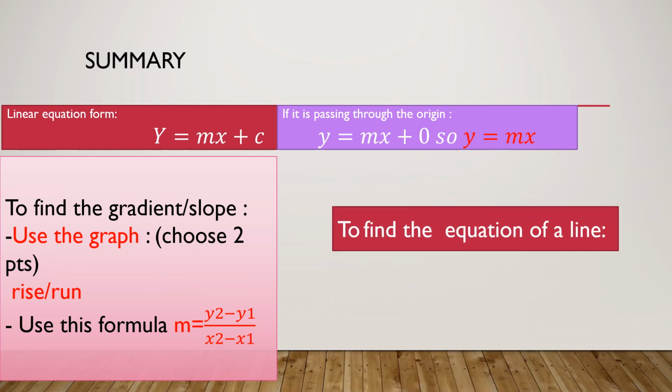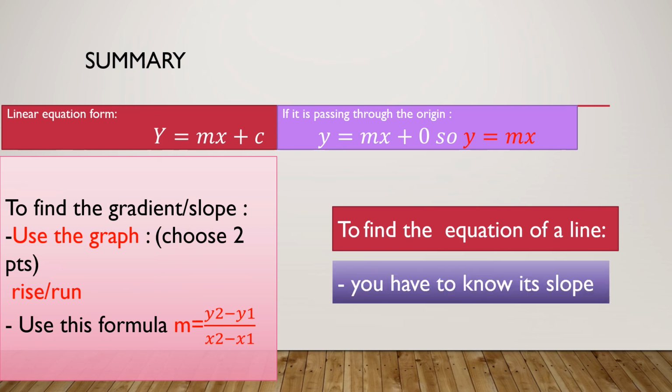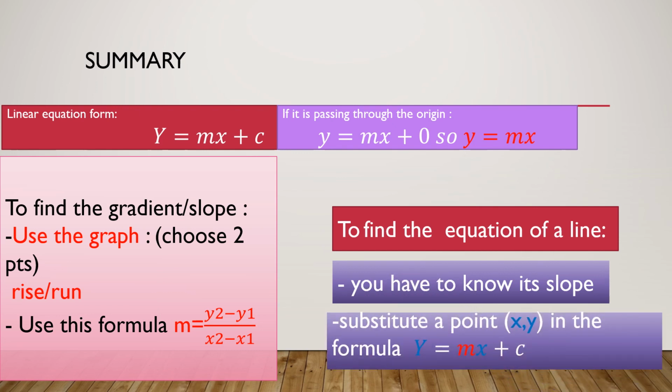And then we took how to find the equation of a line in different cases, and if you don't have the slope, you have to search for it, and then substitute a point x, y in the formula y equals mx plus c.